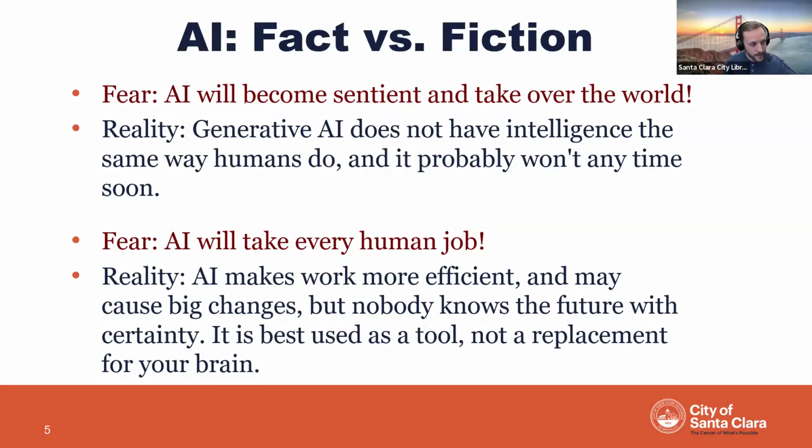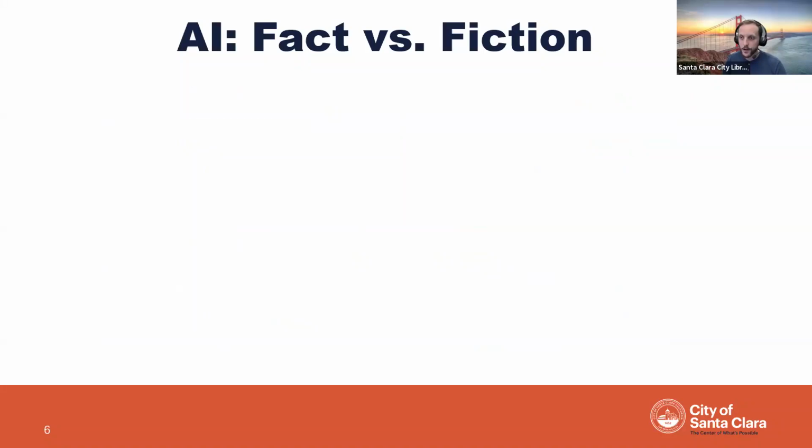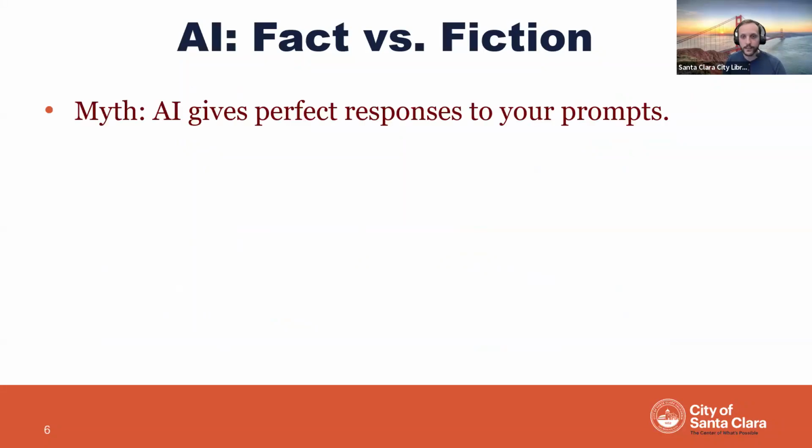But we're going to see in just a second that AI has some shortcomings that both mean that these two things aren't going to happen immediately, and that make using it with your brain on, with critical thinking engaged, a definite must.